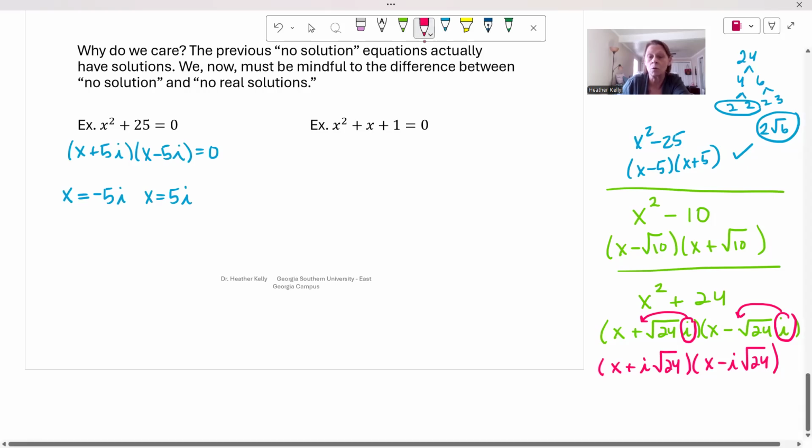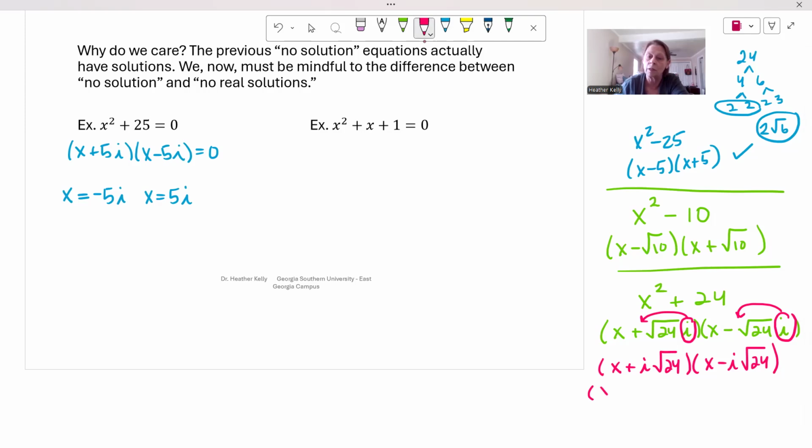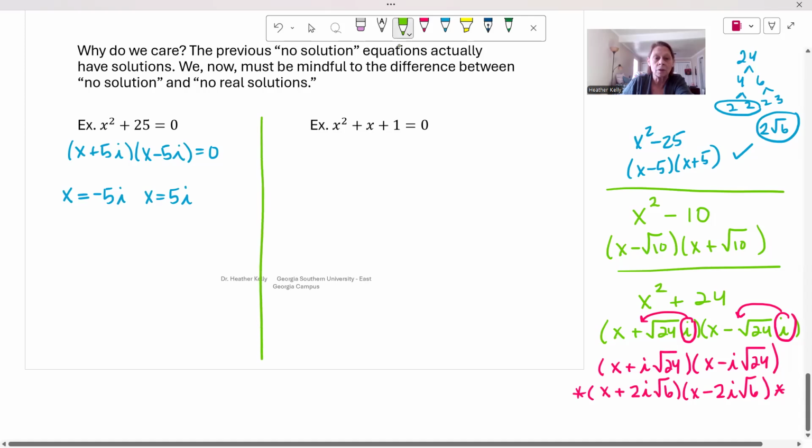And I know that your homework program expects it too. So this is actually going to be x plus 2i square root of 6 times x minus 2i square root of 6. And this would be that awesome final situation right there.